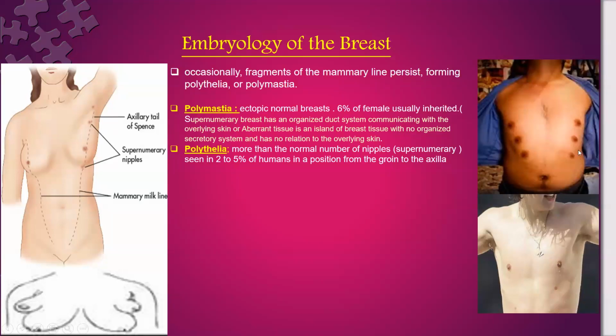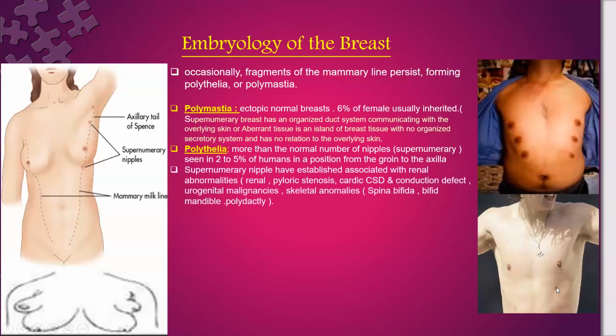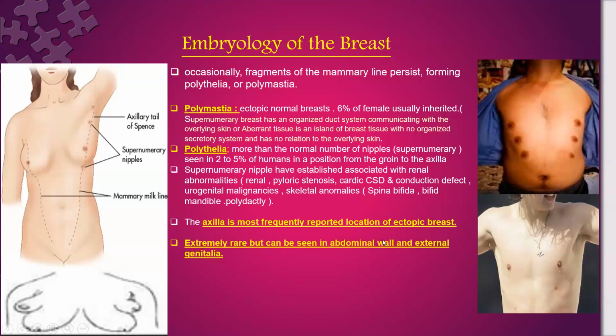Can you see it here? How many? He has supernumerary breasts on both sides, and here he has a supernumerary nipple. The axilla is the most frequently reported location for the ectopic breast, but it can rarely be seen in the abdominal wall, because you have seen the line going from the axilla to the groin.